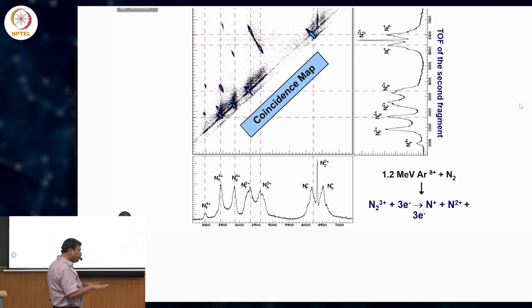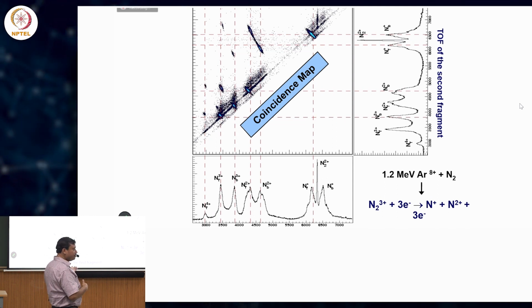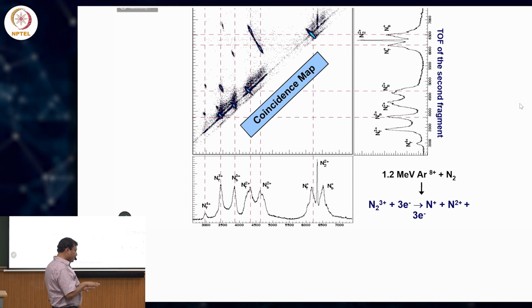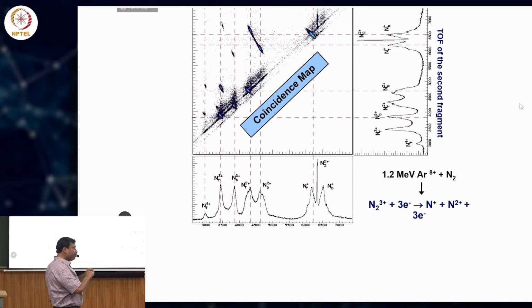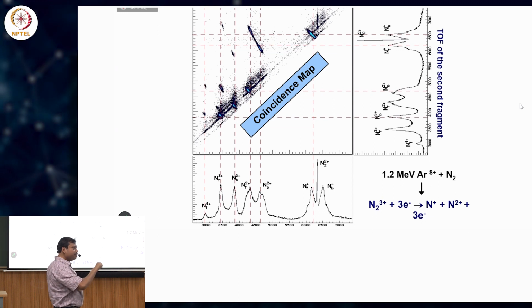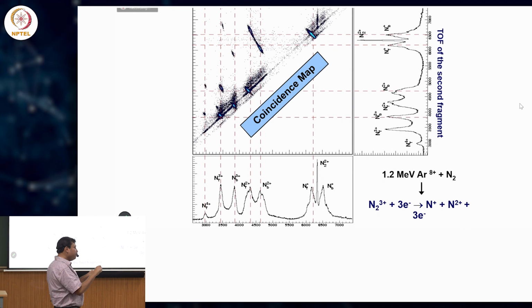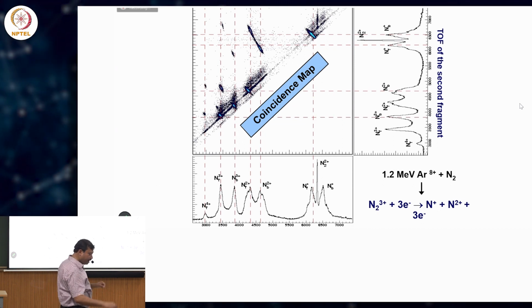When you get all the 3 hits, then you look at the coincidence map, and it will be a lot cleaner because you are selecting them. Now the point is that even then you will have a lot of other events which are 3 hit but not in coincidence.